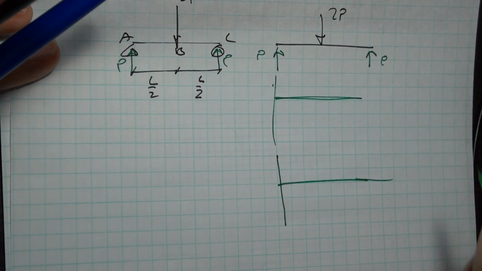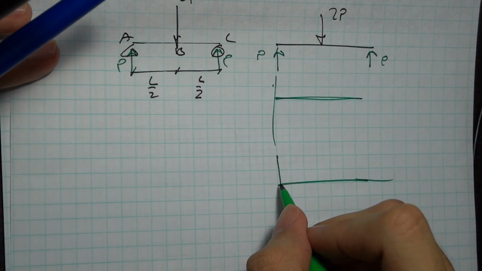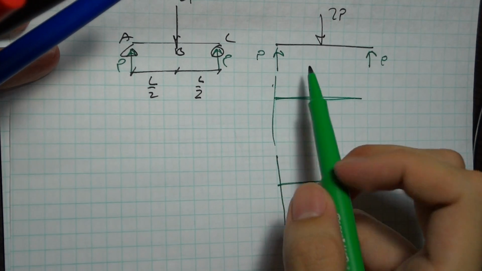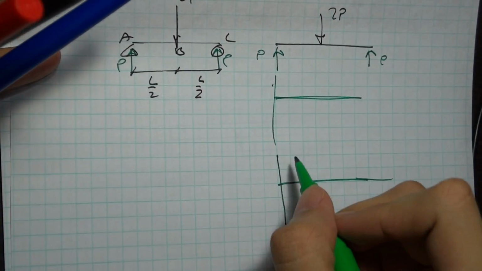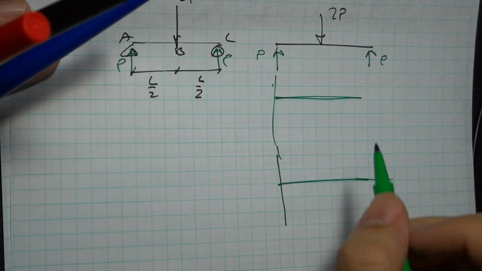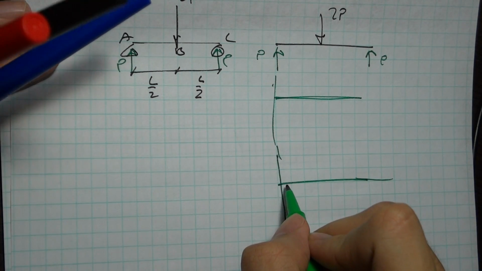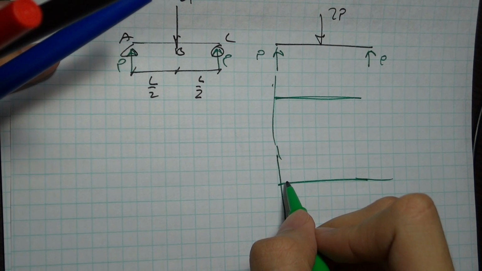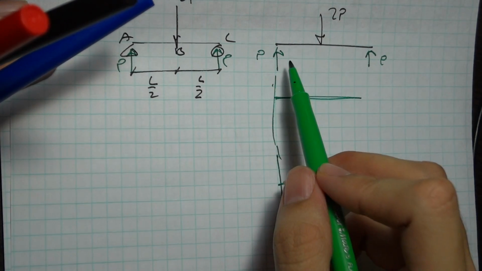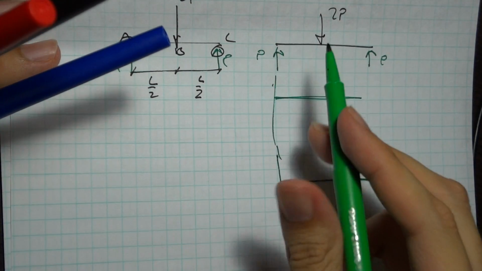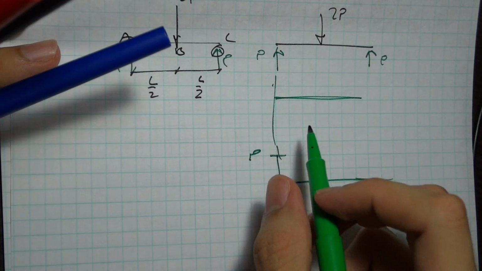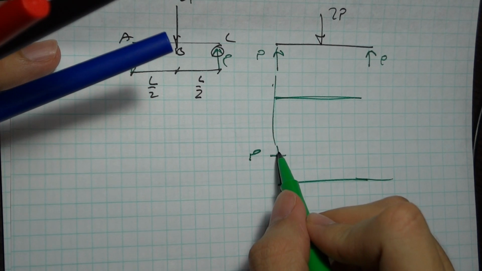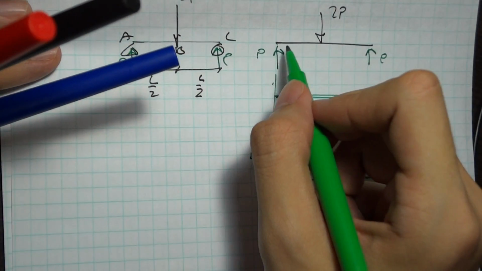I always start from 0, and I let the arrows on the diagram drive my drawing. So for example, if I start at 0, at the very beginning I have to go up by P, because the arrow of this P is pointed upwards. So I'll go up to P. And then I stop, because there are no other arrows here.